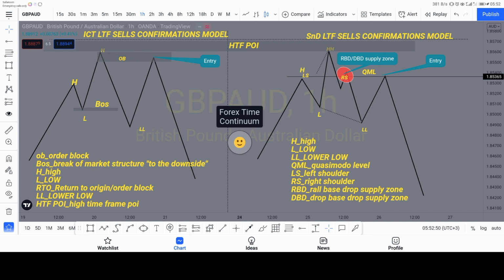Then the market eventually goes for 200 pips, and you're like, oh, what did I do? So do something that can occupy your mind.